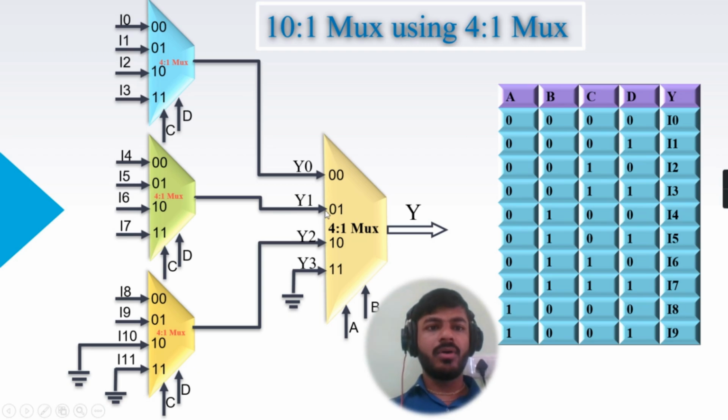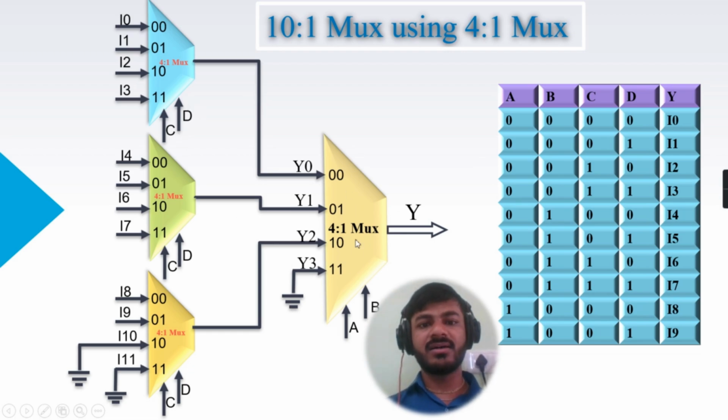Now to understand this implementation, we'll split this combination of 4:1 muxes into 2 stages. This will be my first stage, which has 3 4:1 muxes, and for each 4:1 mux, C and D are the common select lines.